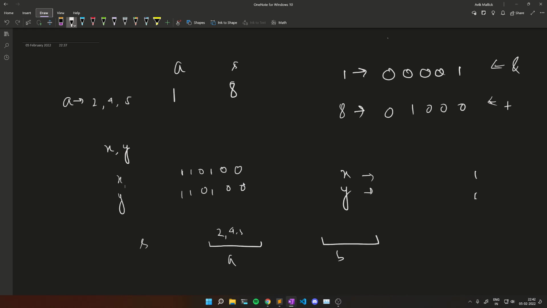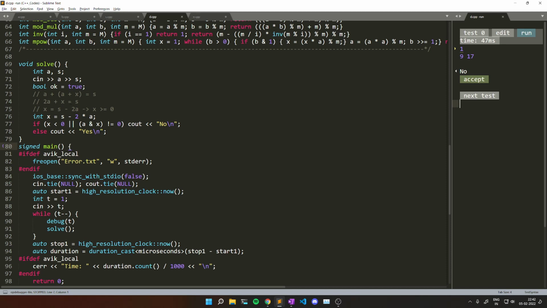These bits are set for both the numbers, and there will be a few bits for which either x or y will be set. Let's say those are m and n, 2 bits. Now we have to check, like I have written it here.